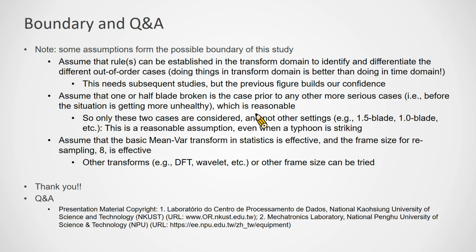And for sure, this study has some certain assumptions. The first assumption is that doing things in the transform domain is better than doing things in the time domain. The second assumption is that before the situation is getting worse, the observed cases, which means the 2.5 blade and 2 blade cases, will happen in front of those more unhealthy cases.